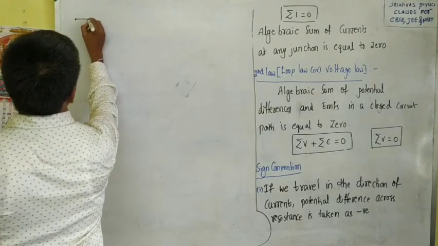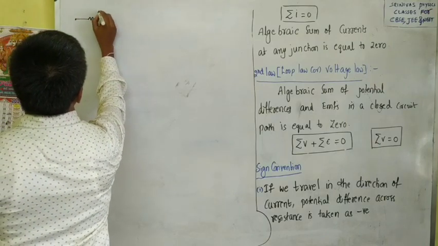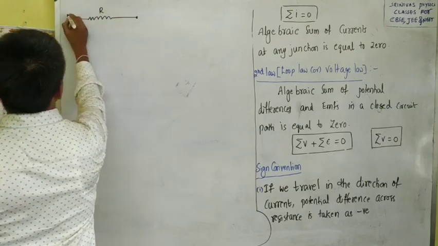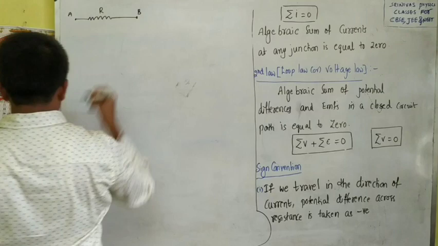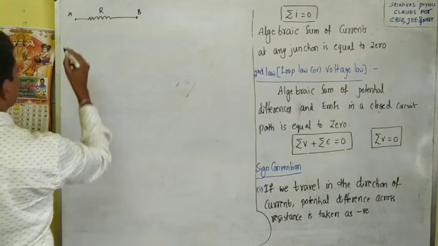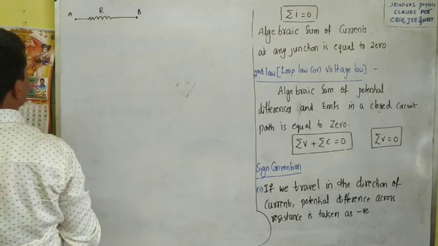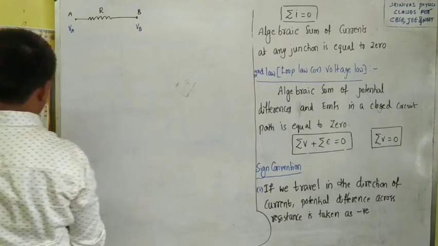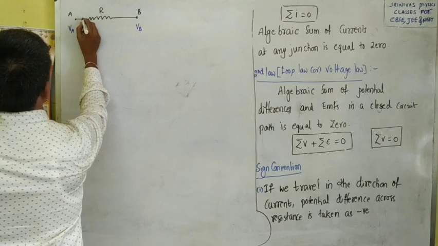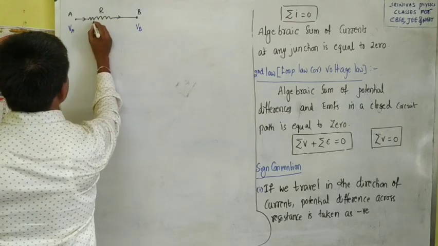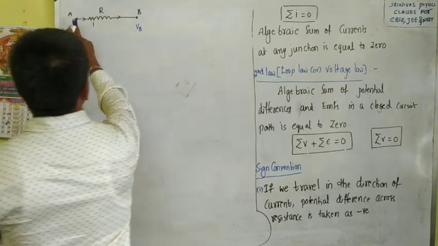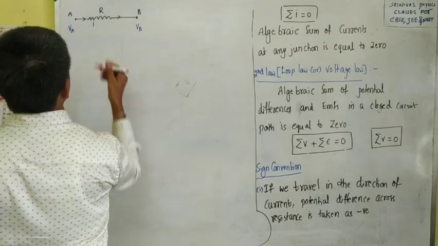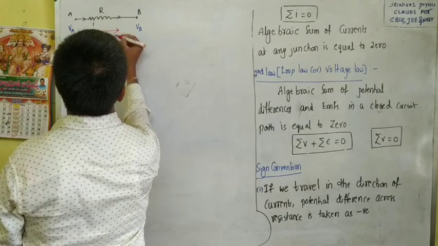This is if we travel in the direction of the current. This is the resistance. This is point A and this is point B. For example, at point A the potential is VA, and at point B the potential is VB, and the current flows from A to B. I am selecting the path that I am moving from A to B, right?